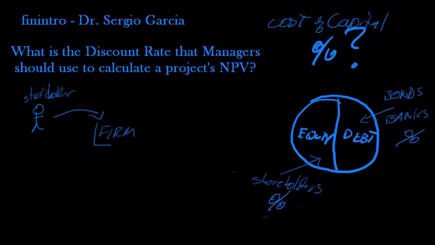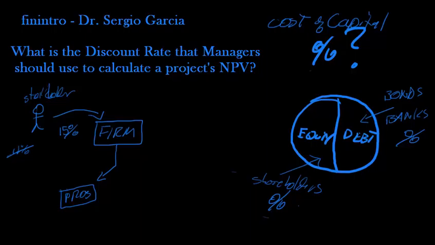The investor says, "Hey, look, I believe that the S&P 500 is going to give 12%. I don't want 12%. I'm willing to invest in your firm if you can give me a 15% return. Then I'll buy your shares." The firm's managers then go out and identify projects. The projects have to give some sort of return back to the firm.